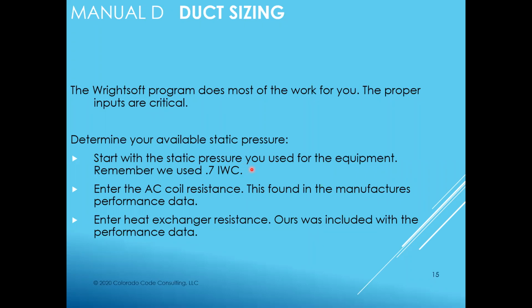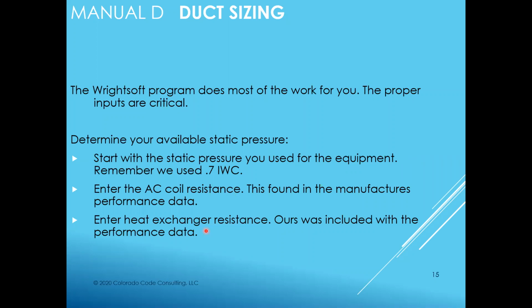So that's total. What we need to do is enter everything that is in the way of the air moving. What are we putting in the way? What is within the ductwork that's going to inhibit the air from moving? Well, the AC coil is one of them. You put it right in the middle of the furnace, and the air has to move through it. Heat exchangers.